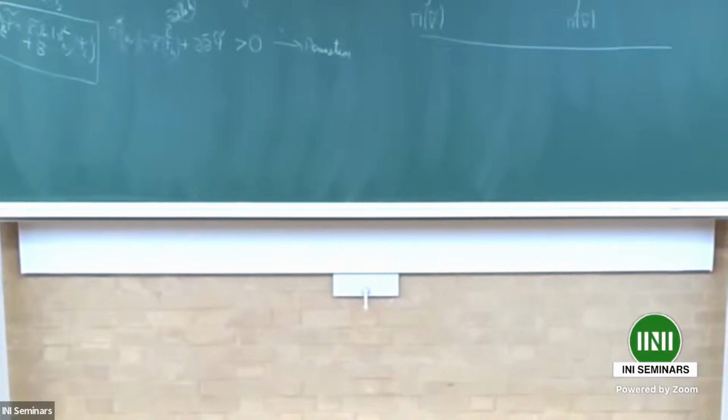The Seshadri constant is for blowing up points. No, I mean you can define it for arbitrary subvarieties. My point is that when you just consider points, it is true that you can find a uniform lower bound. I don't know whether that's true for higher dimensional subvarieties, but I guess implicitly it is true as well.